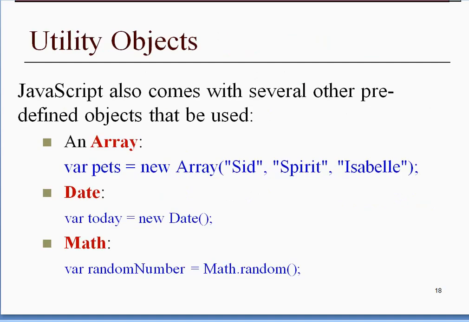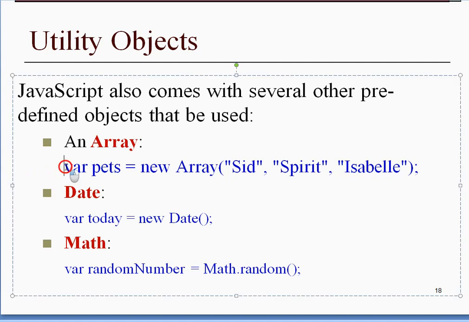JavaScript also comes with several other predefined objects that can be used. One is an array. So for example, you can declare a variable as an array, and you can pre-populate it to a particular array value like this.